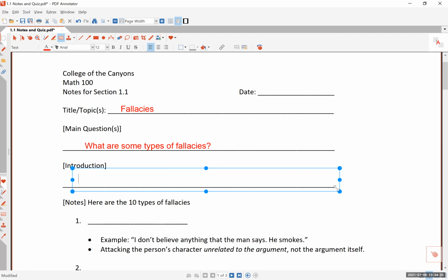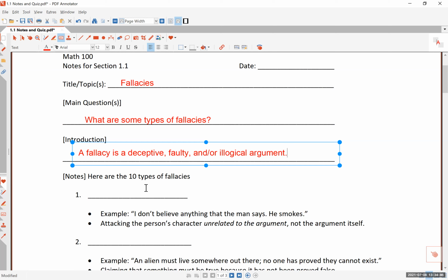This is just a list of many typical kinds of fallacies. By way of introduction, let me just say that a fallacy is a deceptive, faulty, and/or illogical argument. All right, what kind of fallacy types are there?